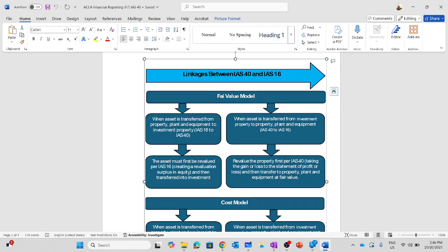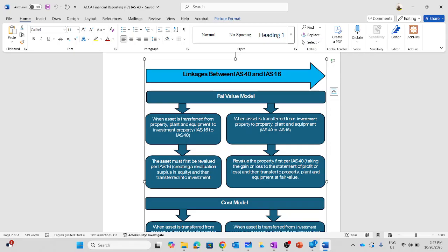So the asset must first be revalued as per IAS 16, creating a revaluation surplus in equity, and then be transferred into investment property. This is what we are going to do exactly.